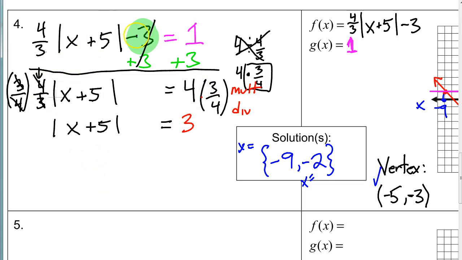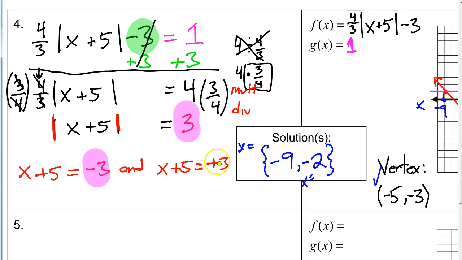All right, next, we have the absolute value. So we can go ahead and write absolute value of x plus 5 equals negative 3, and x plus 5 equals 3. So you use this number for the positive.